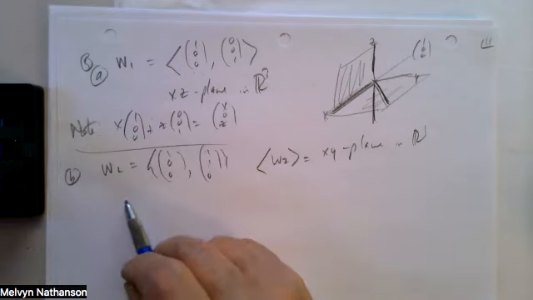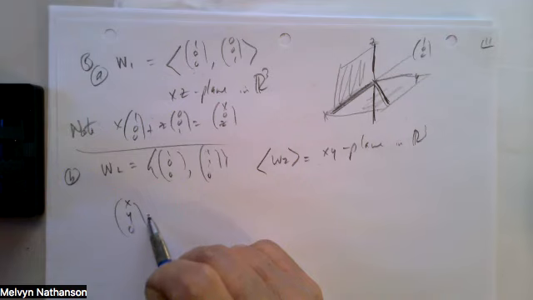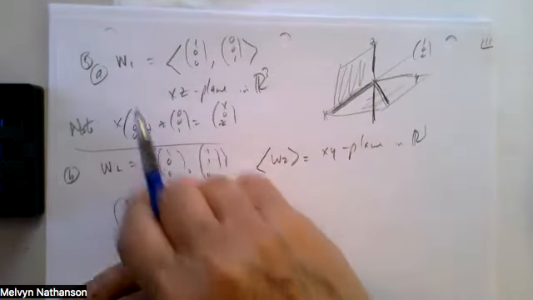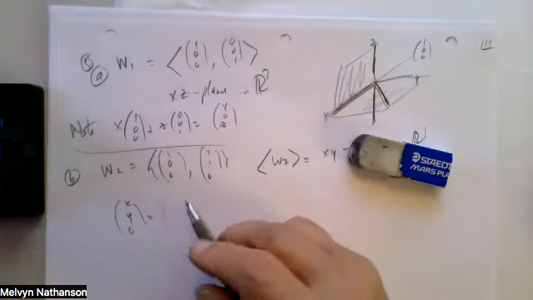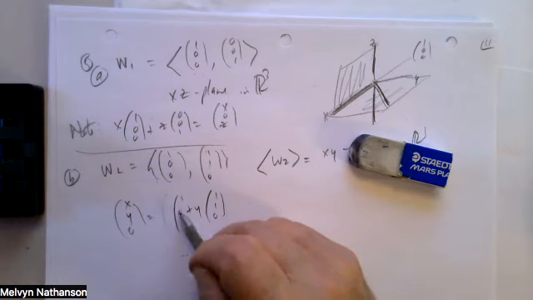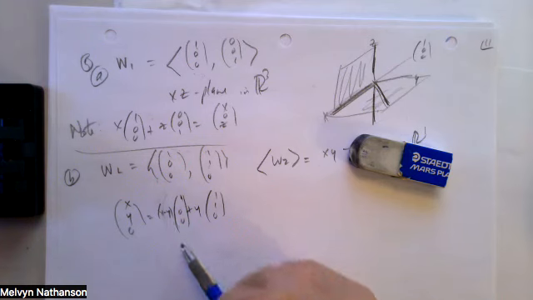But you can write any vector x, y, 0 as some linear combination of these two. It's going to have to be y times 1, 1, 0, plus x minus y times 1, 0, 0.